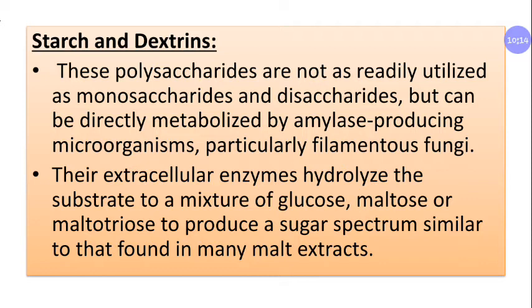These polysaccharides are not as readily utilized as monosaccharides and disaccharides, but are directly metabolized by amylase producing microbes, particularly filamentous fungi. Their extracellular enzymes hydrolyze the substrate to a mixture of glucose, maltose, or maltotriose to produce a sugar spectrum similar to that found in many malt extracts.